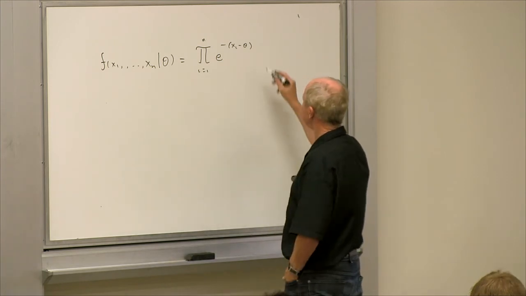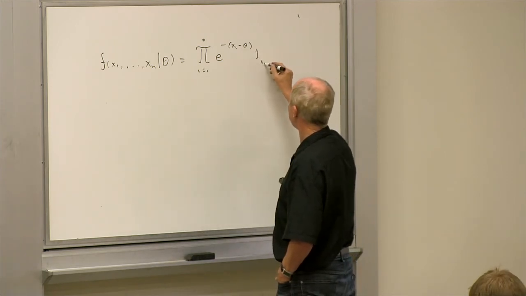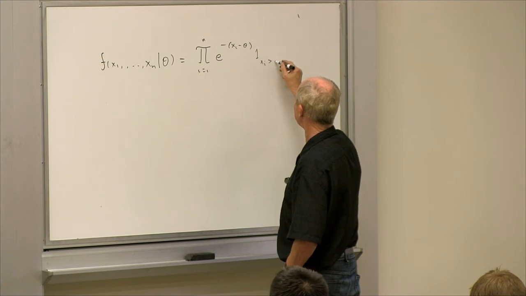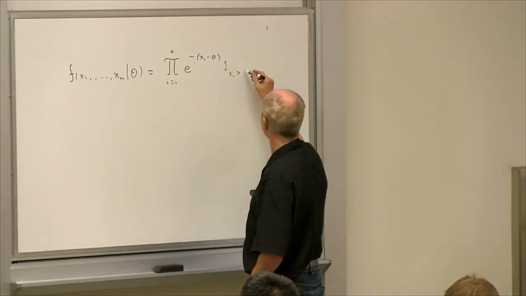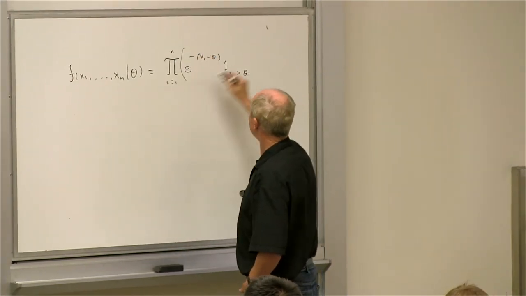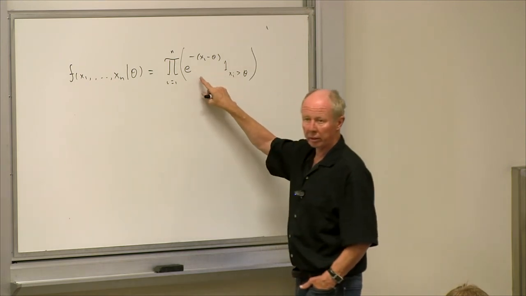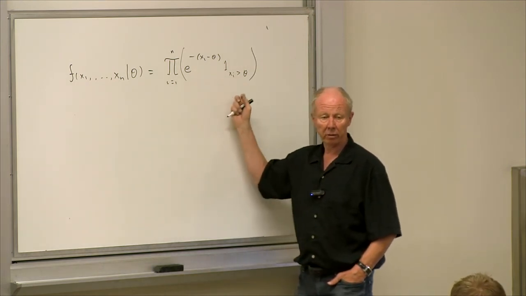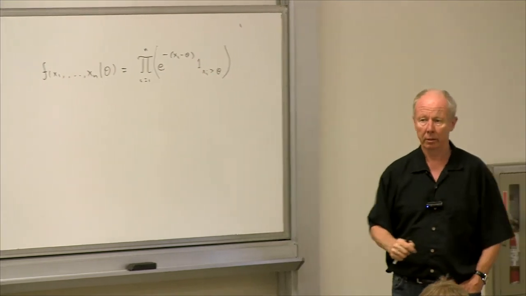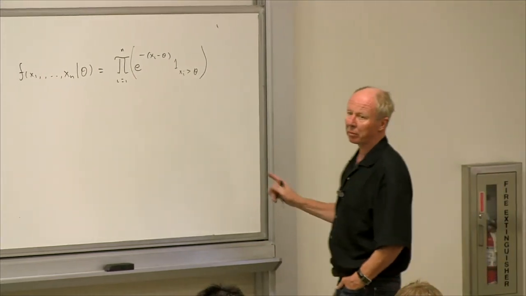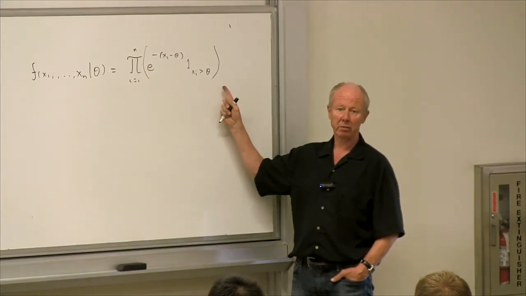And here I should have the indicator, times indicator xi is bigger than theta. Right? Because otherwise, the density is 0 when xi is less than theta, so I have to throw that in here.